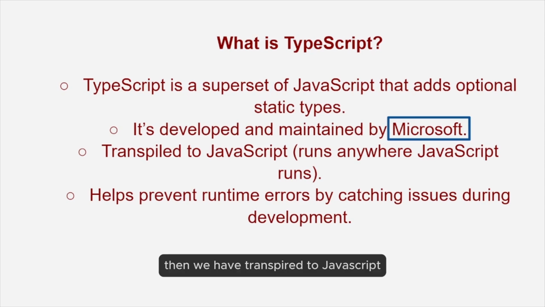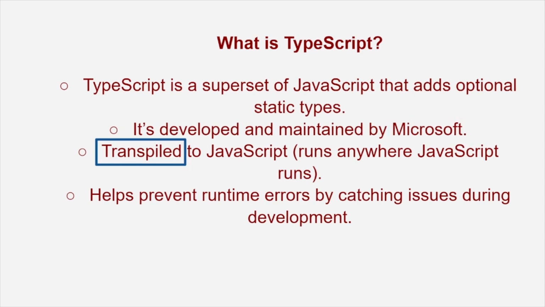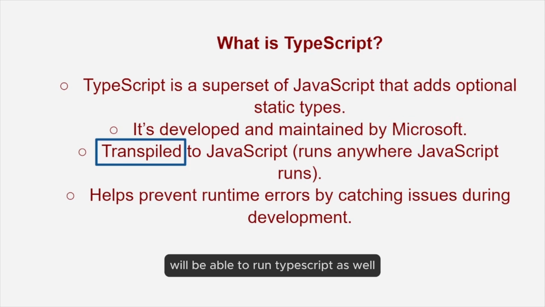Then we have transpiled to JavaScript, and this runs anywhere JavaScript runs. The keyword transpiled simply means that TypeScript is going to be converted into JavaScript code. And any browser that has JavaScript will be able to run TypeScript as well.